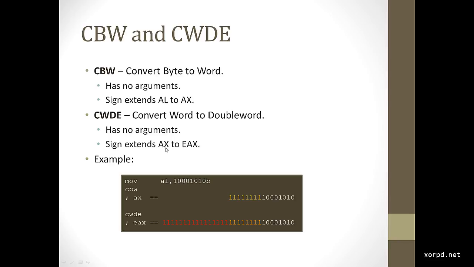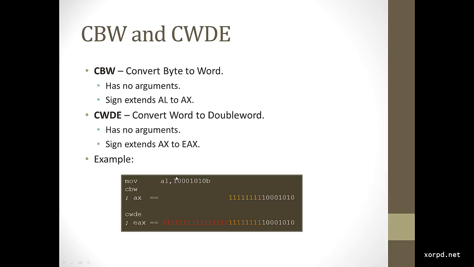Let's look at some simple examples. First, we initialize AL with this number, and I picked this number because it has the first bit 1. So it is considered to be a negative number. I picked it so we can see something interesting in the extension. When we use CBW, convert byte to word, we are going to get this result.